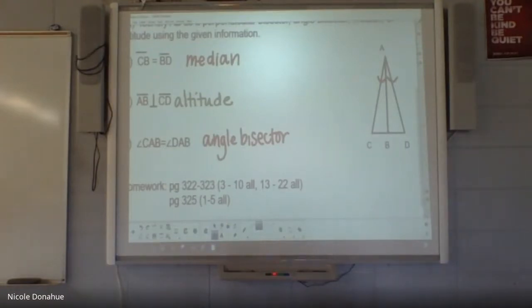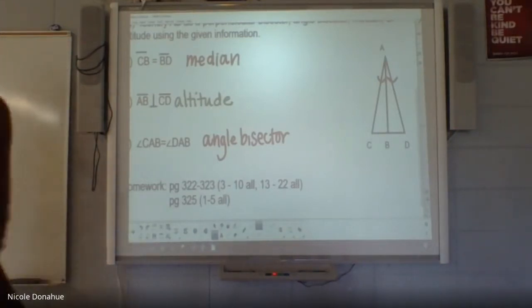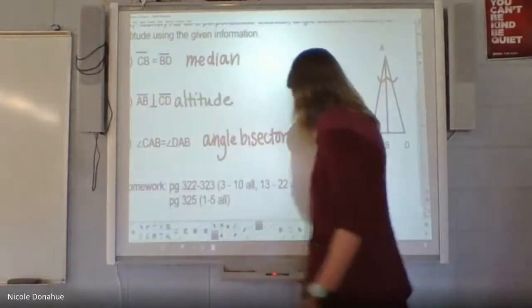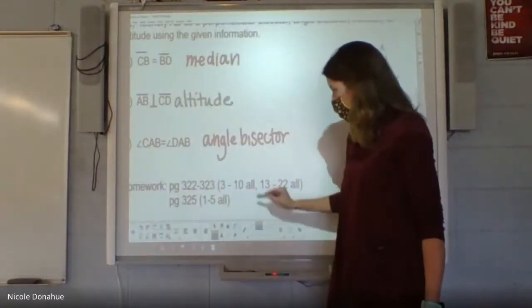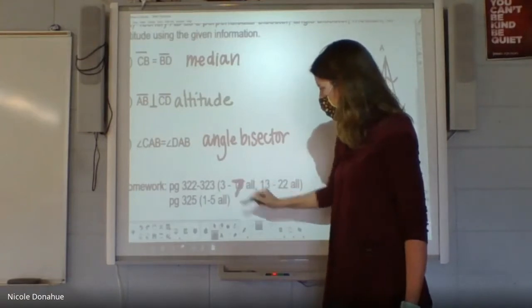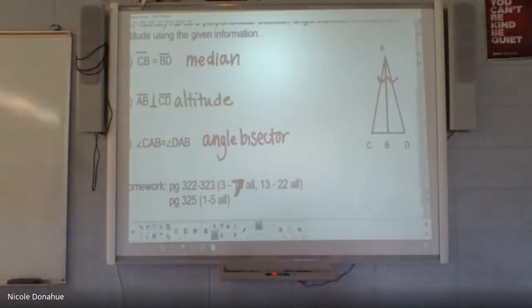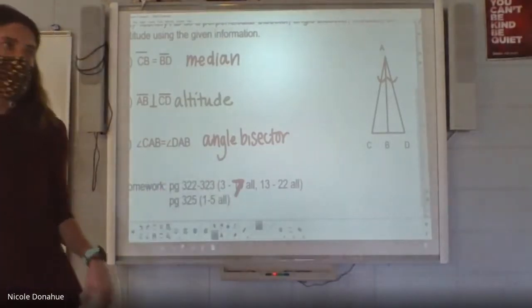Oh, actually, you can skip 8, 9, and 10. So even better. So I'm going to change this to 3 through 7 all. 3 through 7 all should be able to do. Then 13 to 22 should be doable. And then that last part should be fine as well. So 3 through 7 all instead.